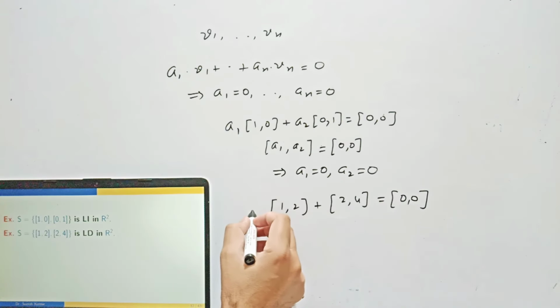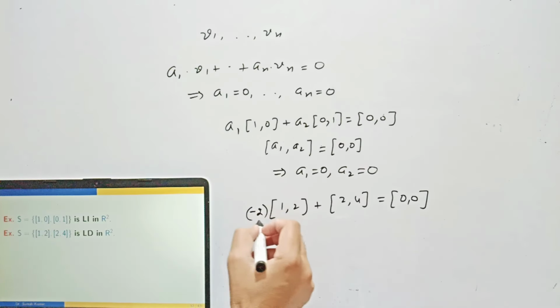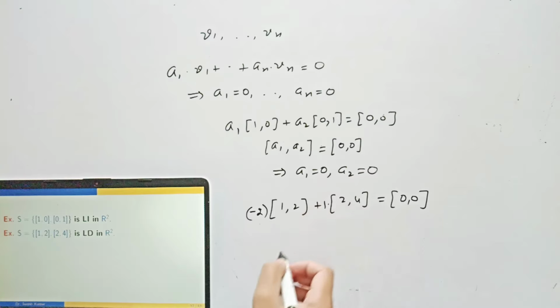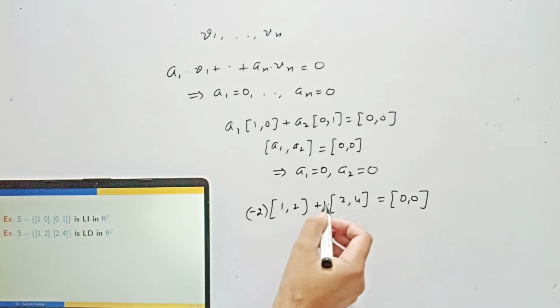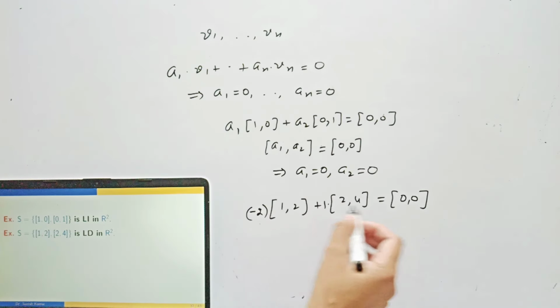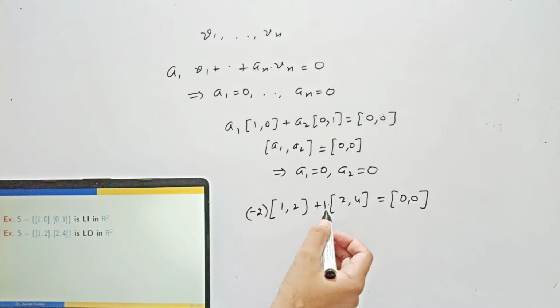I can put here -2, correct? Here the scalar is 1. Both the scalars are non-zero. We need only one, and the combination is 0. So you have found a combination where scalars are non-zero and the overall linear combination of the vectors is the 0 vector, that means the vectors are linearly dependent. Okay.